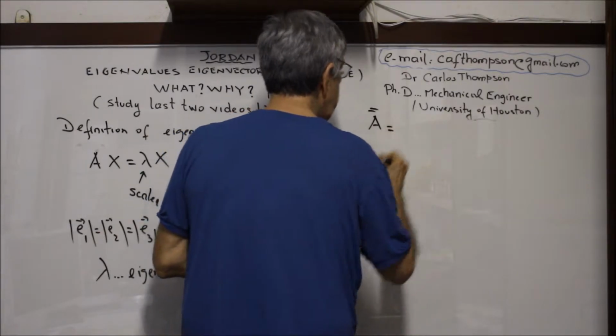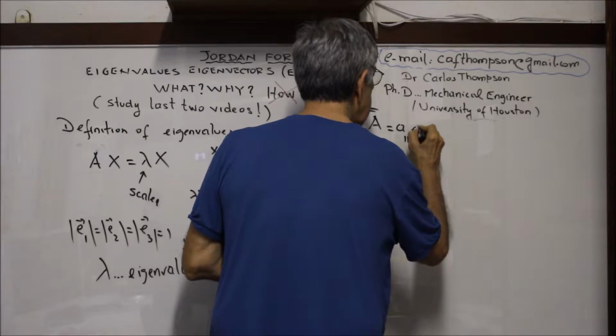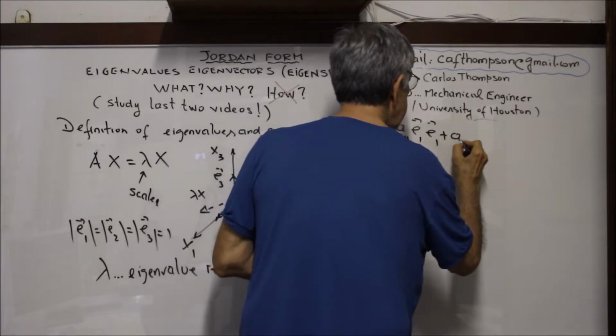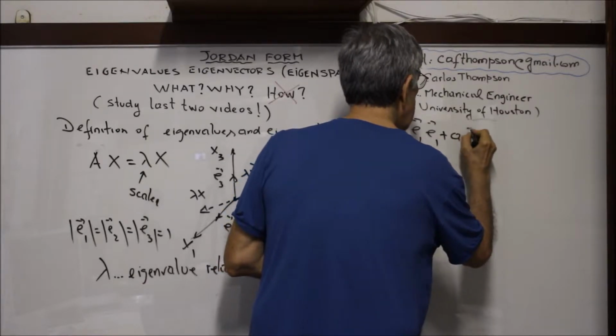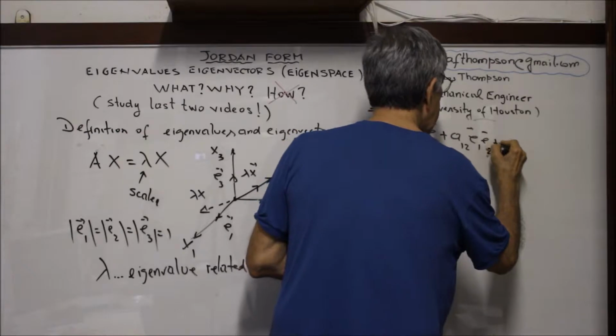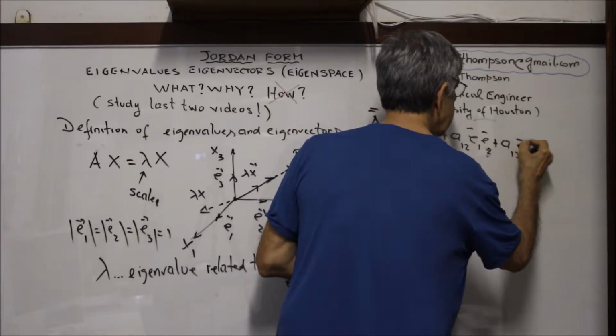Now the second order tensor can be written A11 E1 E1 plus A12 E1 E2 plus A13 E1 E3.